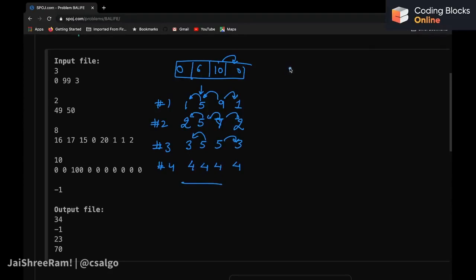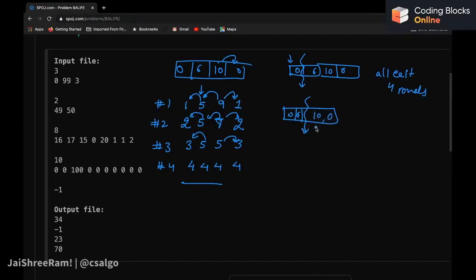Let's see if we can get the same through our approach. If we think about this as a boundary, 6 10 and 0, we need 4 jobs in this part, so we would need at least 4 rounds. If we think about this as a boundary, and we say here I should have 8 jobs, here I should have 8 jobs, so there should be a transfer of 2 jobs.